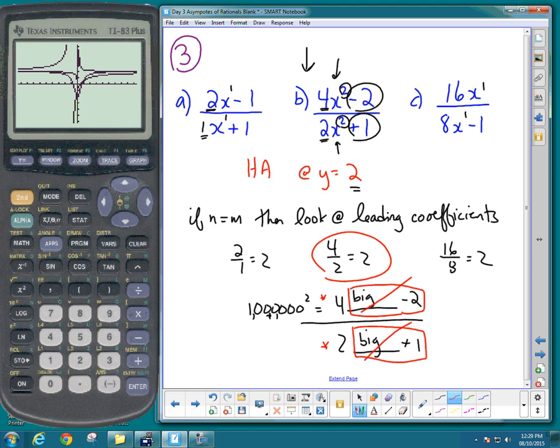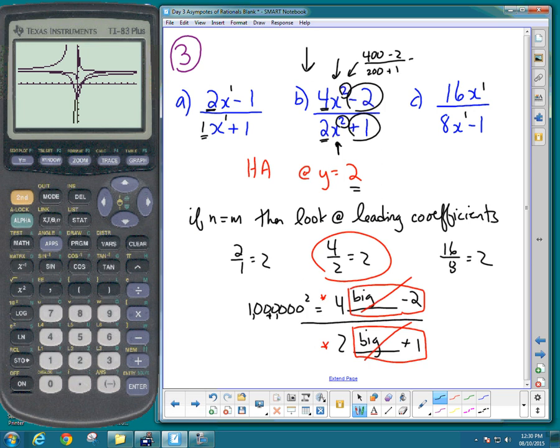And even when you put in a smaller number like 10, if you put in 10 and squared it, so that's 100, times 4 is 400, -2 is kind of small. And then on the bottom, 10 squared is 100 times 2 plus 1.